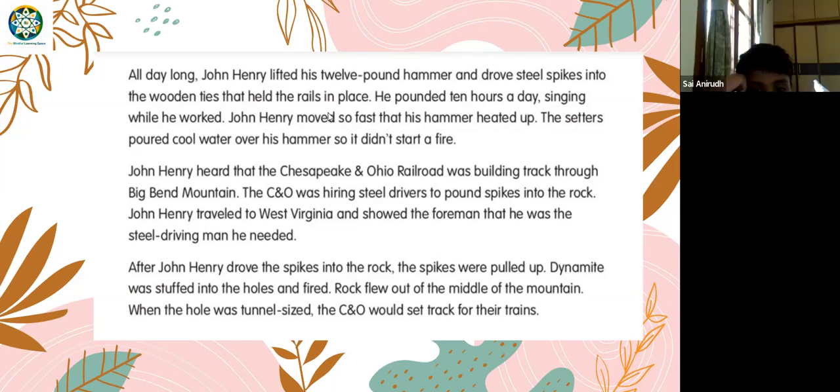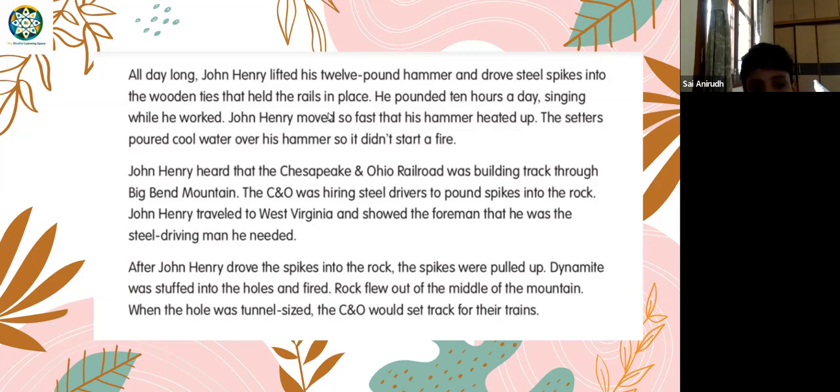Okay. The Chesapeake and Ohio Railroad was building track through the Big Bend Mountain. The C&O was hiring steel drivers to pound spikes into the rock. John Henry traveled to West Virginia and showed the foreman that he was the steel driving man he needed.